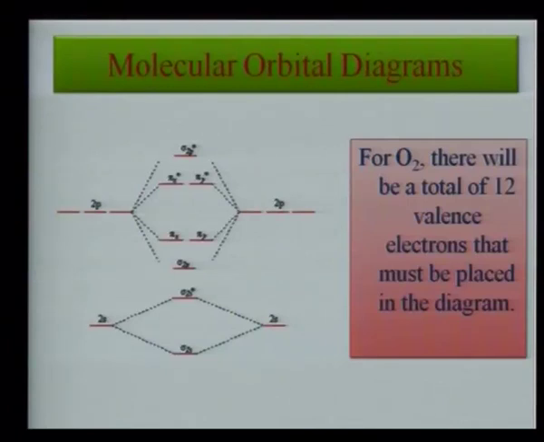So up to nitrogen, we should say sigma 1s, sigma 1s antibonding, sigma 2s, sigma 2s antibonding, then pi 2py equal to pi 2pz, then sigma 2px, then pi 2py equal to pi 2pz antibonding, then sigma 2px antibonding.